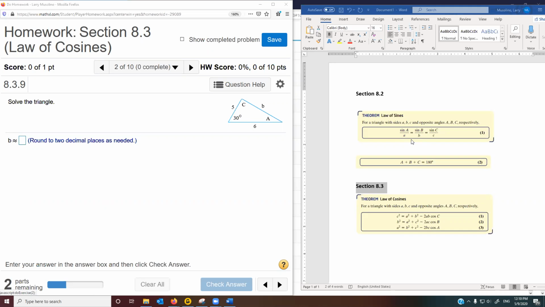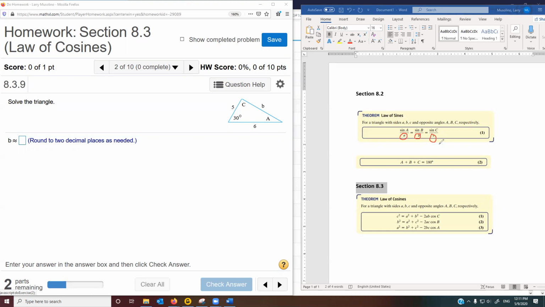Let's say you knew the lengths of three sides of a triangle, and you wanted to find, let's say, the missing angles. Well, if I come here to law of sines, notice I would know side A, know side B, and know side C. But if I didn't know any of the angles, law of sines would not work.